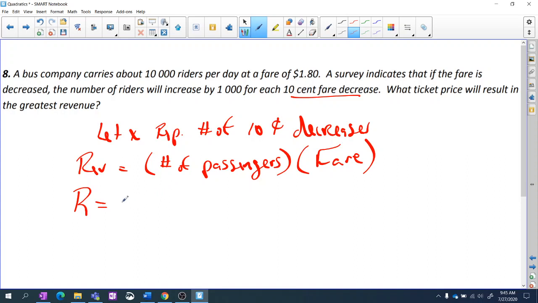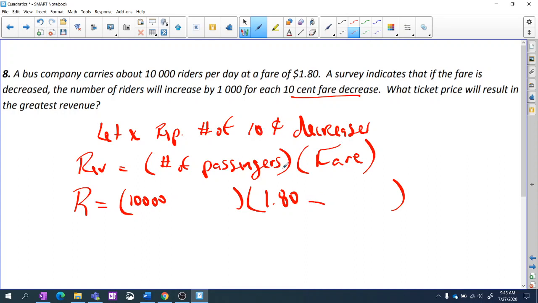Remember, always start with status quo. Say, well, if I didn't change a thing, what would happen? I'd get 10,000 riders on the bus every day, and I would charge them $1.80. But I'm going to try and make more money by doing this. Remember, these are decreases, so the price is going to go down. Now you've got to be careful here.